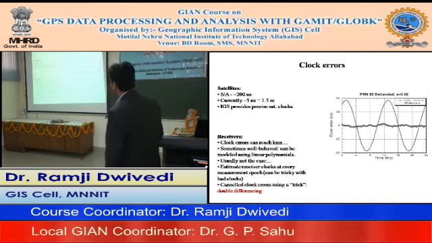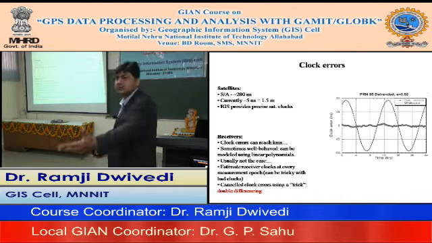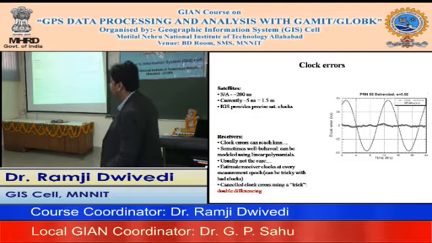You could see the trend also. With selective availability on, this much nanosecond drift could be there, and currently it is 5 nanoseconds. Now IGS provides precise satellite clock products which could be used directly for PPP, which we call precise point positioning.